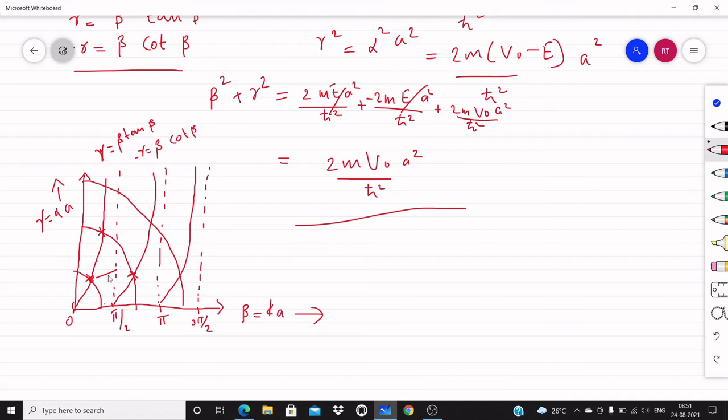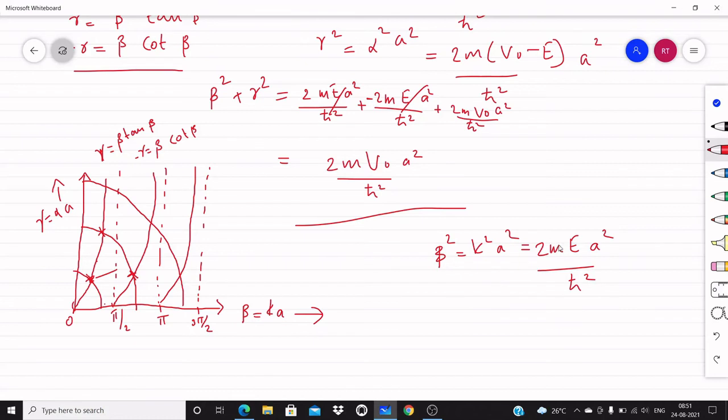If we consider the energy values, actually our equation is beta square is equal to, you already have beta square is equal to k square a square is equal to 2m E a square by h cut square.